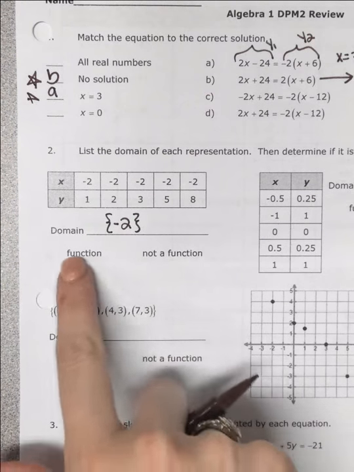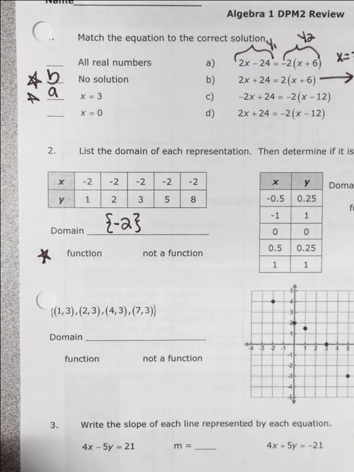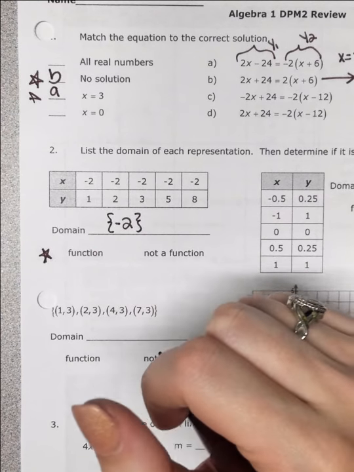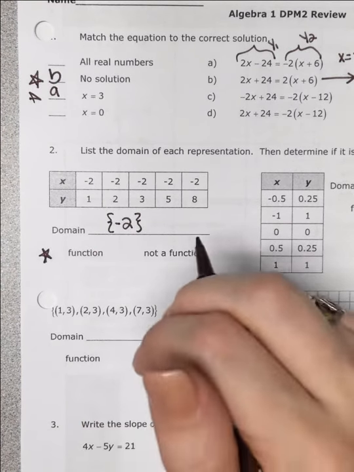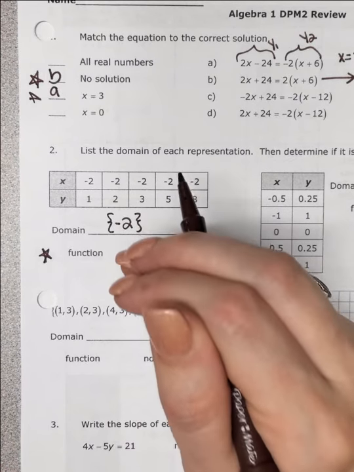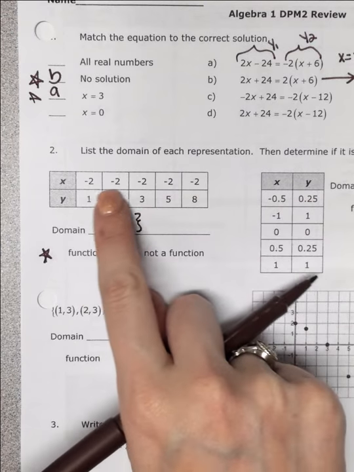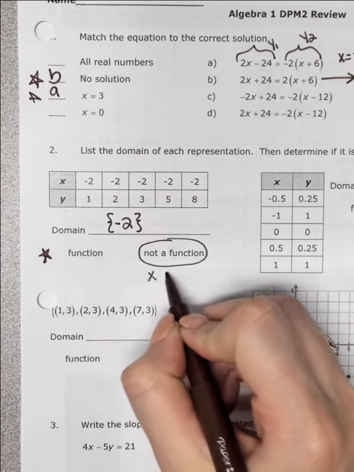The really important part is right here where it's asking if it's a function or not a function. My kids were doing crazy things today. They're over here like, oh, let's find the difference, or oh, let's plug it in the calculator. No, don't make it hard on yourself, okay? Function or not a function. Does the x repeat? Is y a function of x? No, because all of the x's are the same. X repeats.